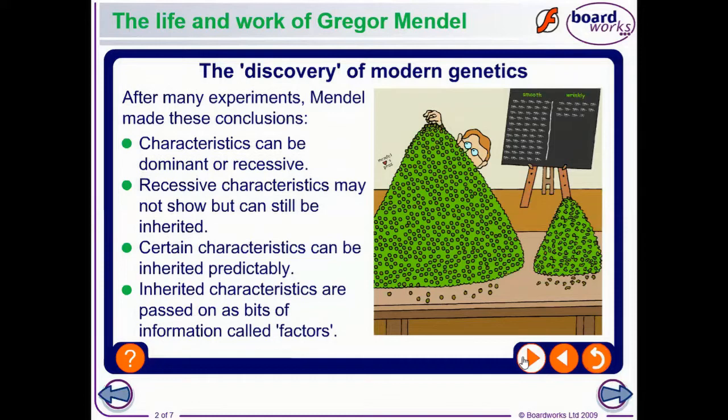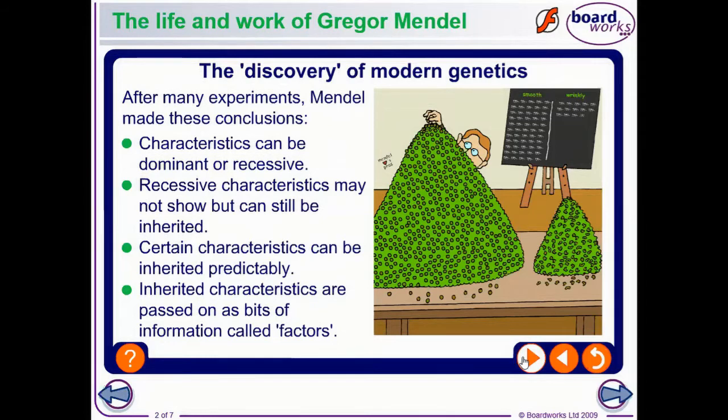Then he transferred the pollen from the yellow plant and made a cross pollination between the anther and the stigma. So he made a mixed pollination, or a cross pollination, between these two plants.